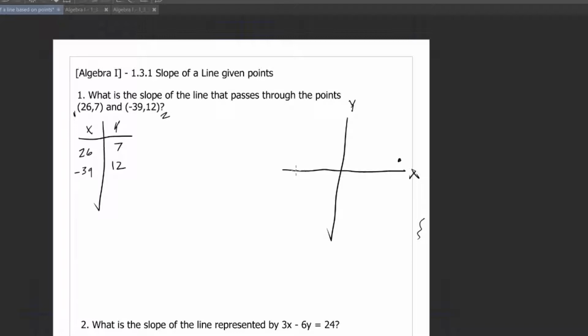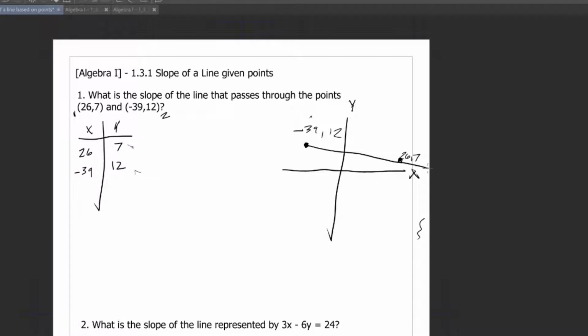So negative 39, 12. Looking at the y, we have 26, 7, and then we have negative 39, 12. We know that this y is above this one, but this x is greater than this one, right?